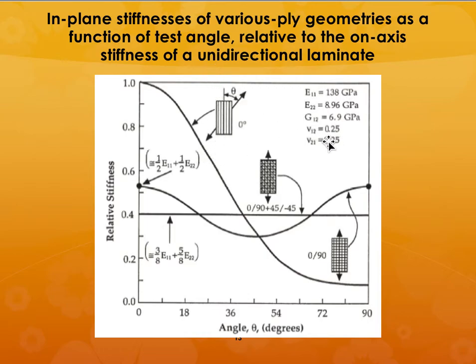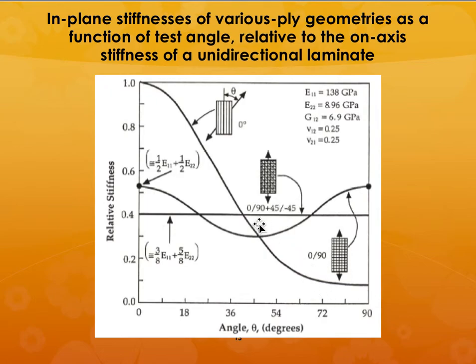And then you can also see that G12 is 6.9 GPa, and you have a Poisson's ratio of approximately 0.25. So these are all based on equations that were described to you in the lectures a few lectures earlier.